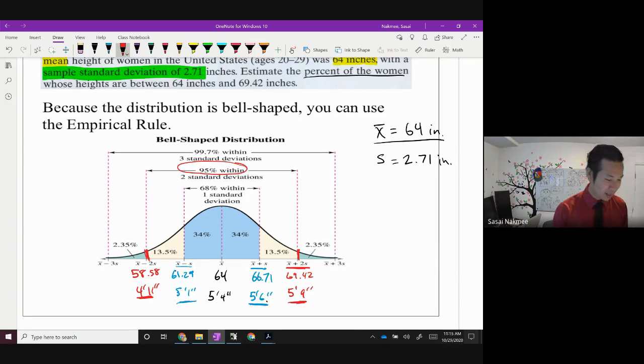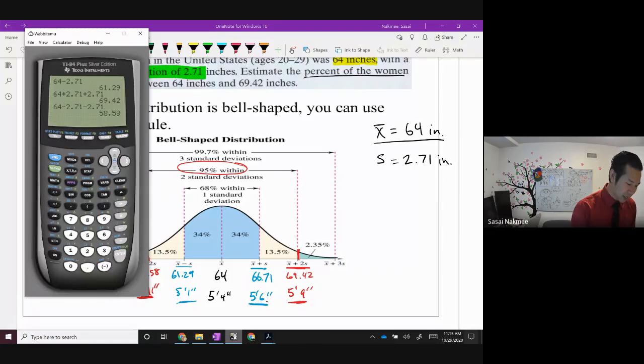So yeah, that's how that works. And then you can go even further. You can go to 3 standard deviations away. You ready? You can go 64 plus 2.71 plus 2.71. That's 2 standard deviations away, and get a third one in there. That gives 72.13.